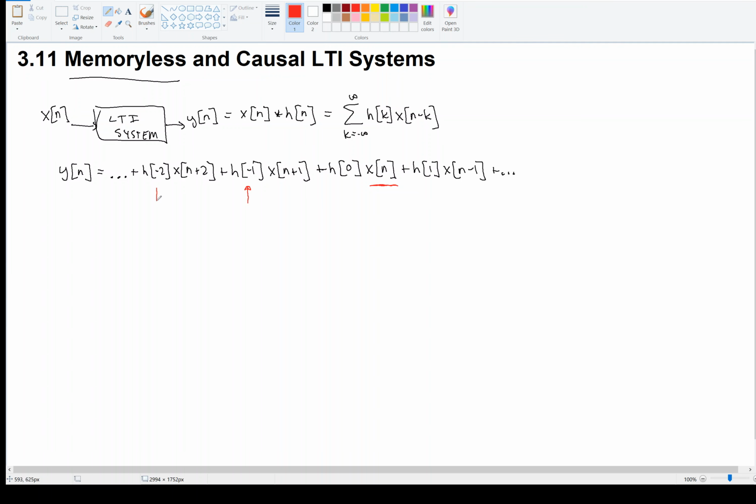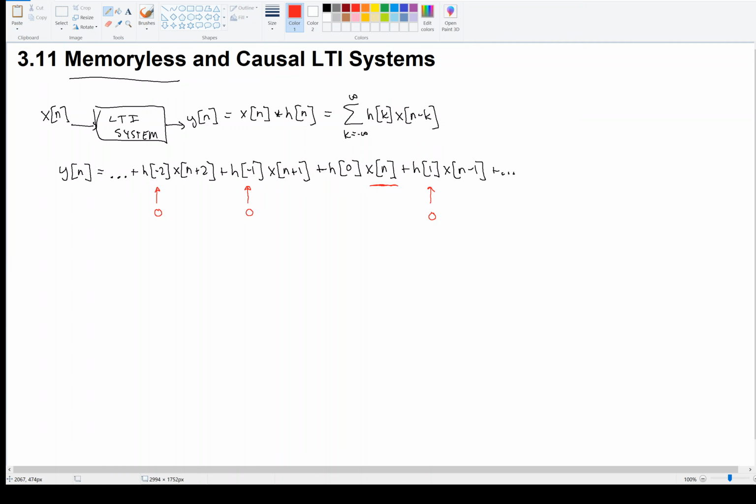What can you say about h of negative 2? H of 1? All of these things have to be 0, so that it wipes out the contribution of x in the future, 2 units in the future, 1 unit in the future. H of 1 has to be 0 so that it wipes out the contribution of x 1 unit in the past, 2 units in the past.